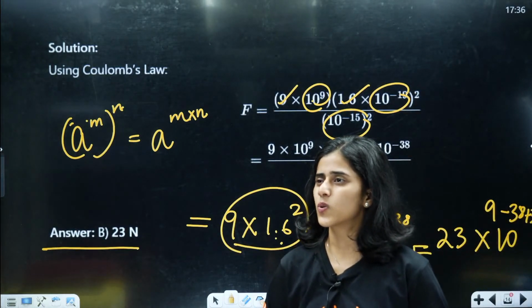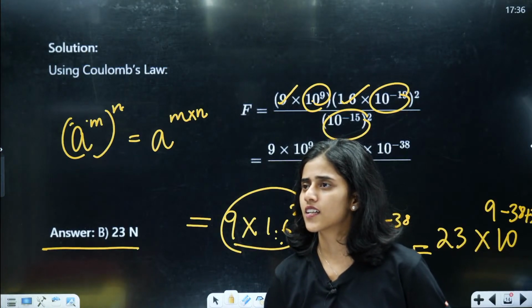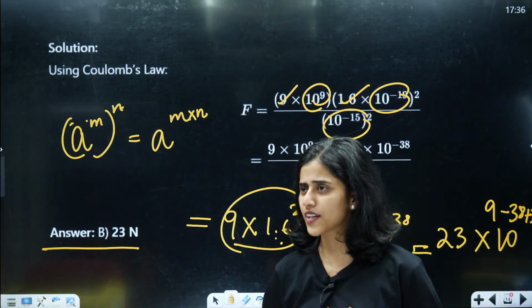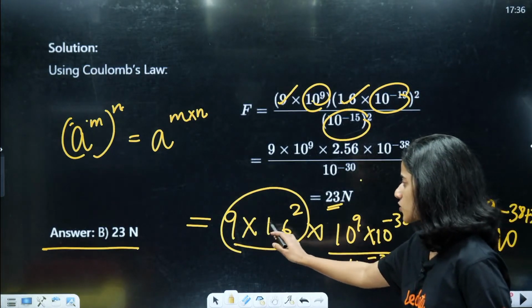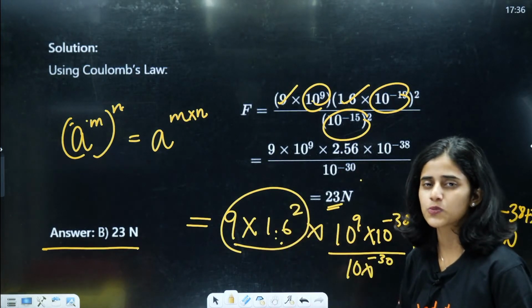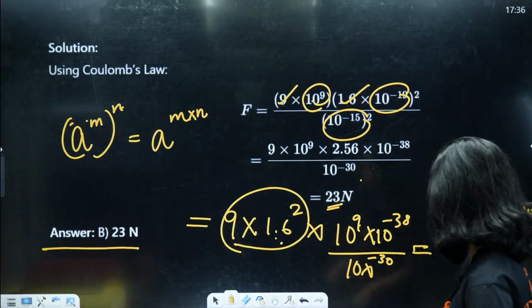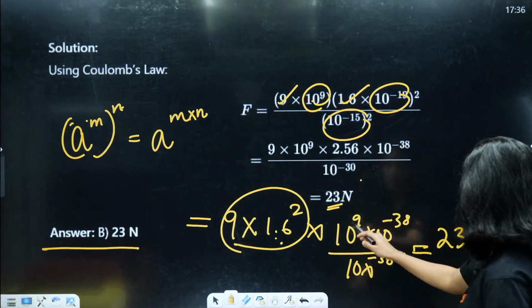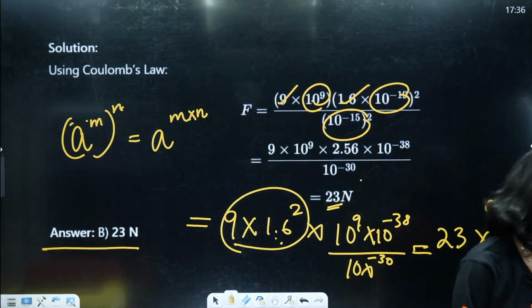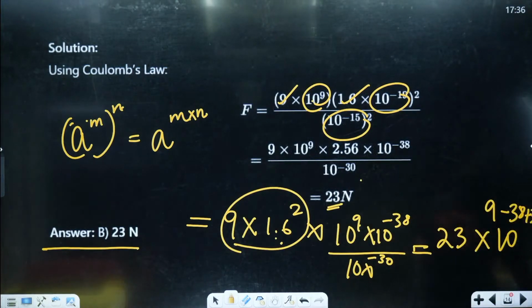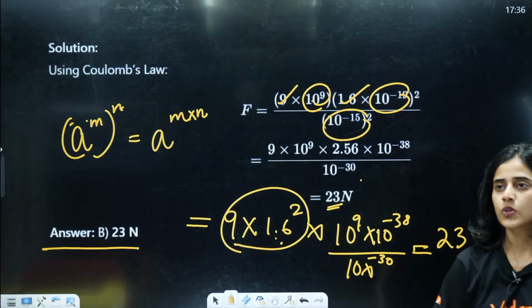So some of you are getting 230. How are you getting 230? 9 into 1.6 into 1.6 should be 23. I think you should check your calculation. And when you solve these, 9 minus 38 plus 30, how much is it? What I am getting is 1.